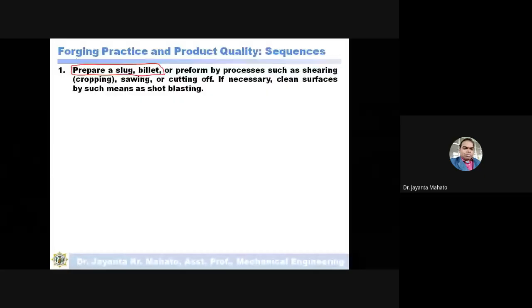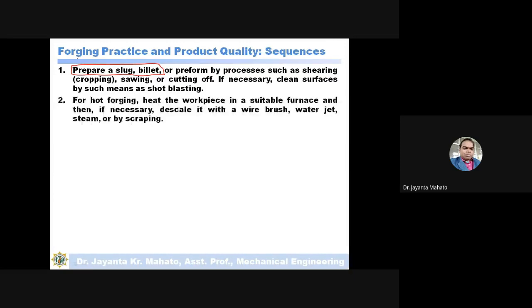Okay, so shot blasting is a process by which you can clean the surface of the blank workpiece. Now for the hot forging process, heat the workpiece in a suitable furnace at a suitable temperature.